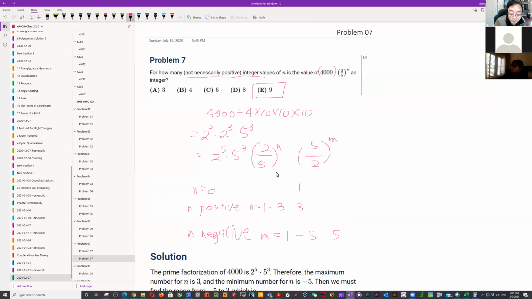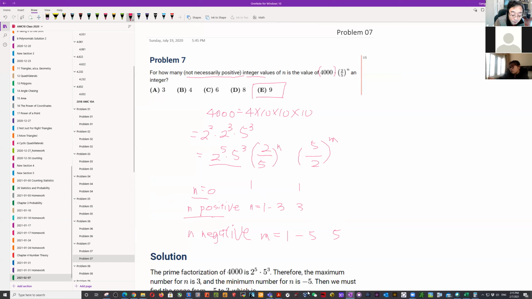After we completely factorize 4,000, we get 2 to the 5th multiplied by 5 to the 3rd. Then it says that n can be either positive or negative. So when n equals 0, then it's just 1. 2/5 to the nth is 1. So the result is still an integer. So that's the first case.